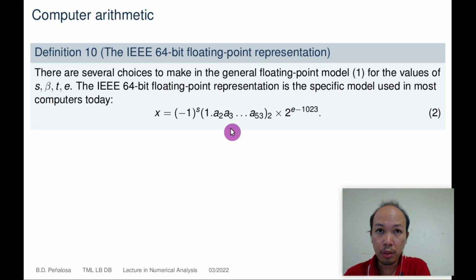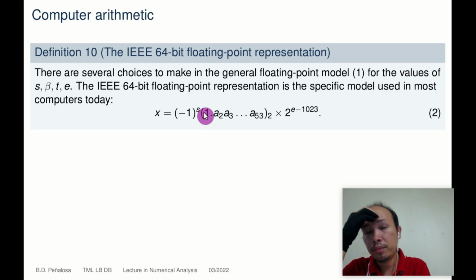So this is now the standard model on how to represent a given number.